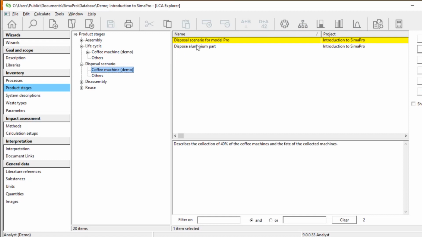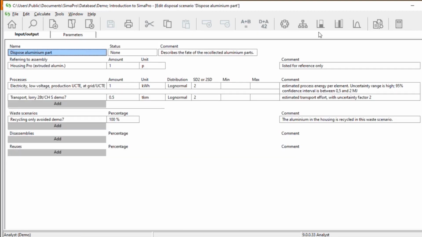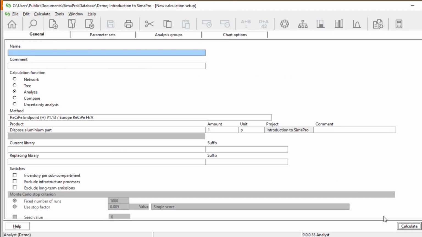Okay, for Model Pro, dispose of the aluminum parts. So you can see the individual sections. Double click, I'll just show this one only. For example, aluminum parts, what we can get out of it. Analyze and calculate.